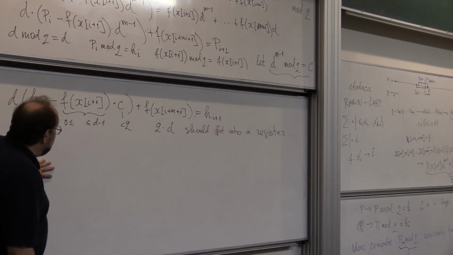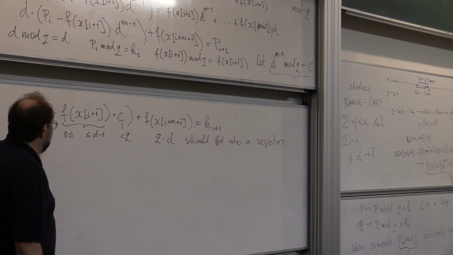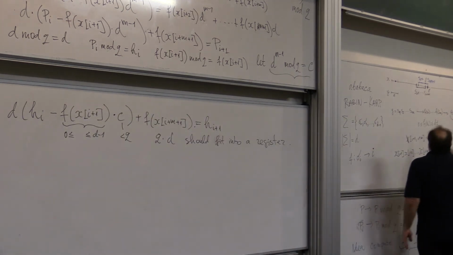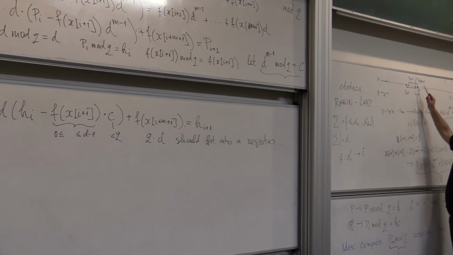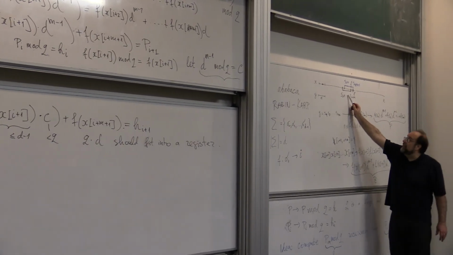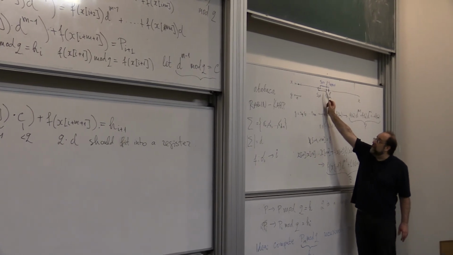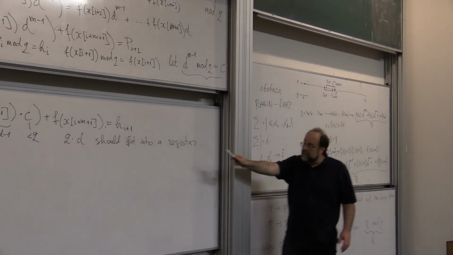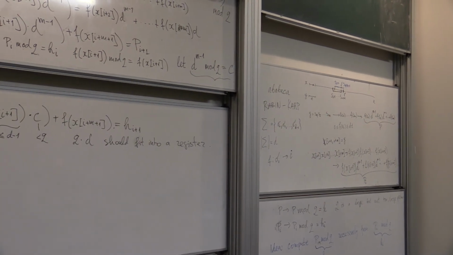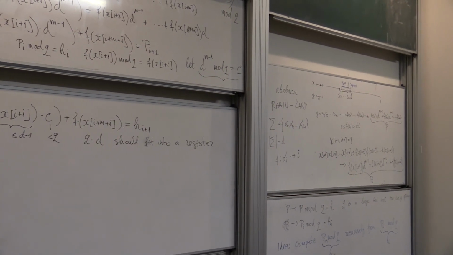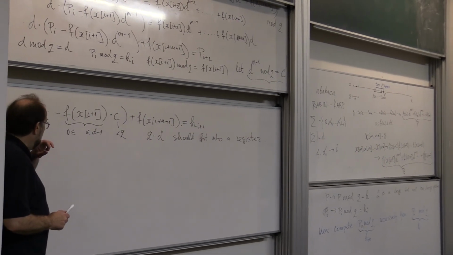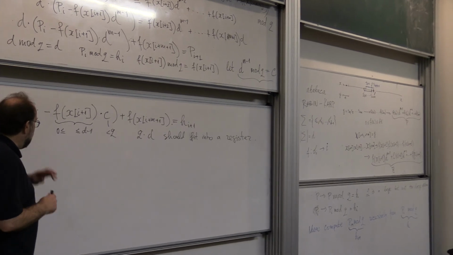So you see, essentially this is just a recursive hashing in which the hash value of the next string is obtained from the hash value of the previous string through this formula, which is really a very simple and efficient way of computing the next hash value.